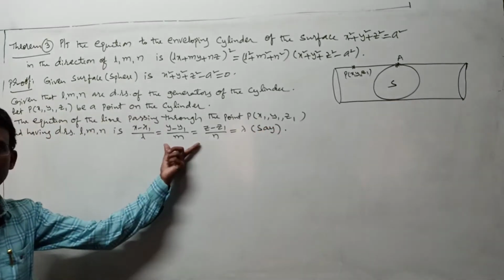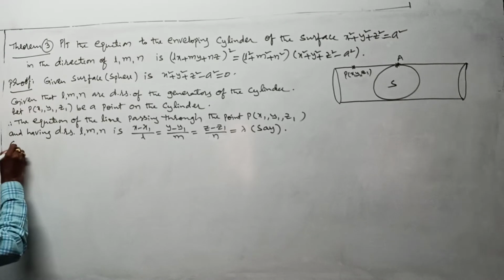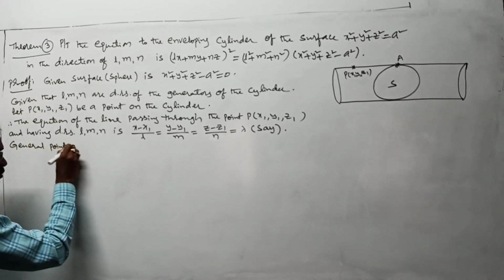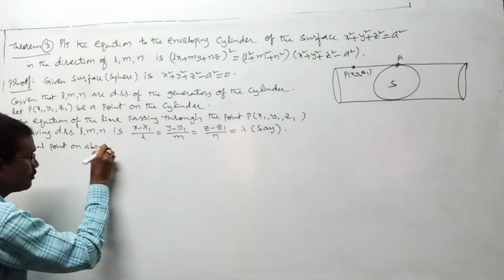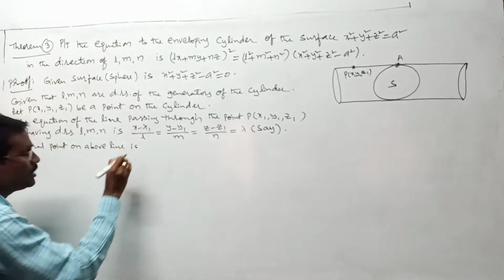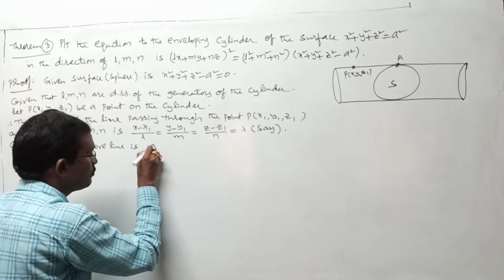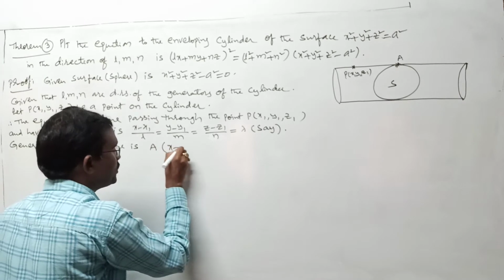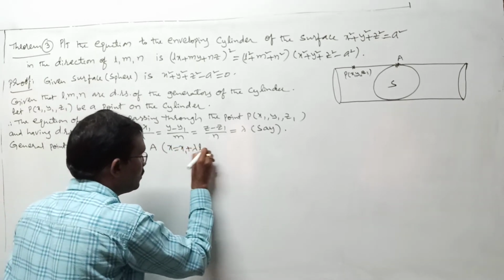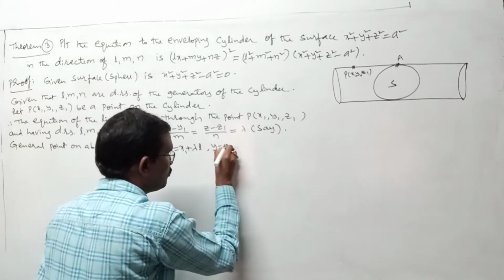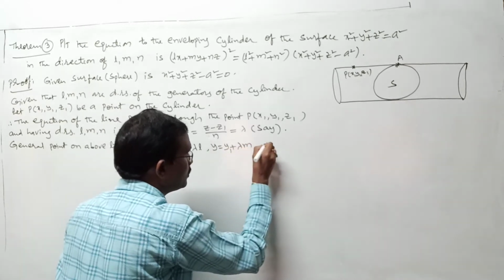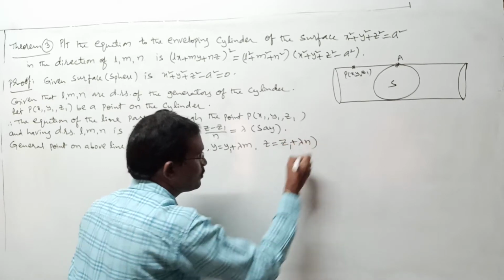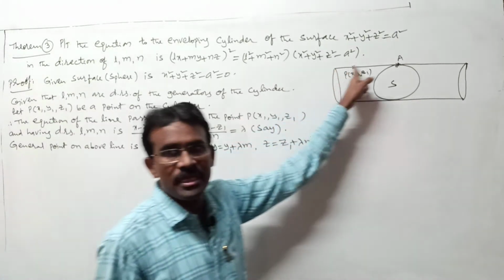Now let us define a general point here. The general point on the above line, I am denoting with capital A, is x is equal to x1 plus lambda L, y is equal to y1 plus lambda M, z is equal to z1 plus lambda N. But again, general point means anywhere on this line.